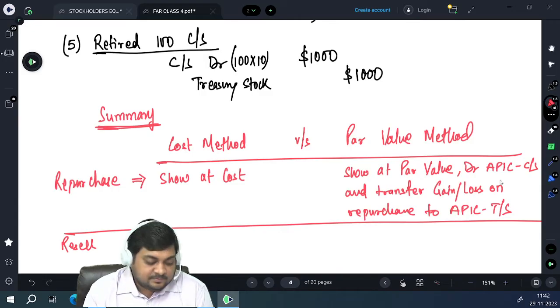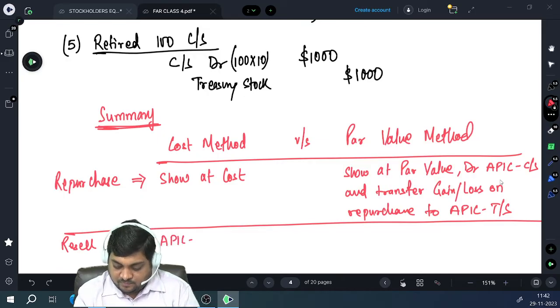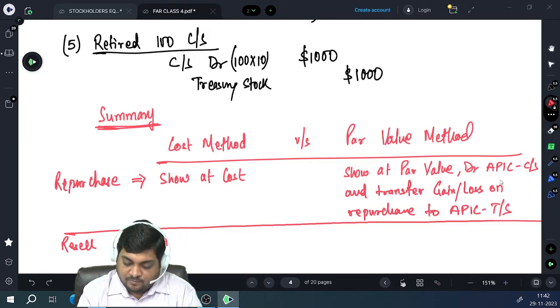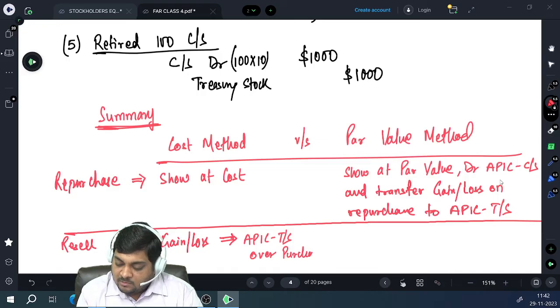Resell: gain or loss to additional paid in capital treasury stock over purchase price.